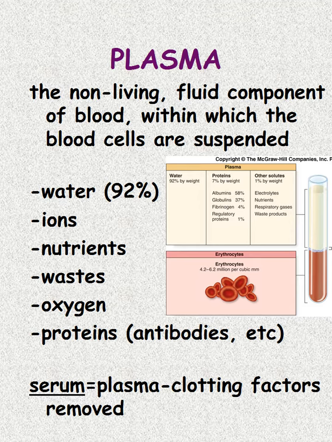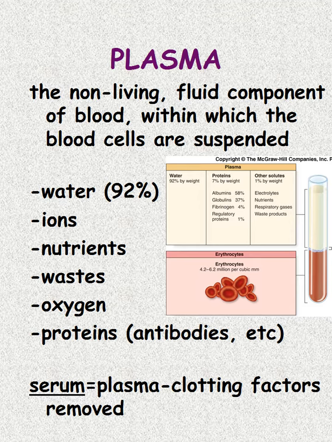Then we have plasma proteins, which make up about 7% of plasma, where we have albumins, and these are the smallest and most abundant of the plasma proteins, making up about 58% of all plasma proteins. They help regulate water movement between the blood and interstitial fluid by osmosis, and they also help to transport ions, hormones, and other lipids in the blood.